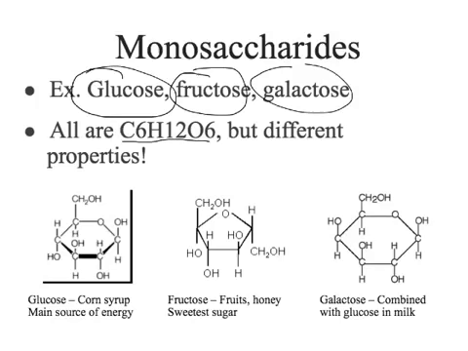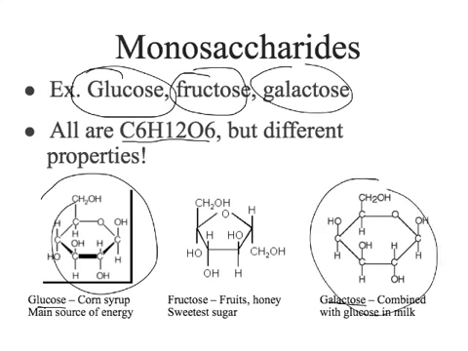So for example, I want you to compare here glucose, which is this one right here, to galactose over here. So you can see, in glucose, I have an oxygen and a hydrogen here, and a hydrogen here, where in galactose, I have an oxygen, a hydrogen here, and a hydrogen here. So even though they have the same atoms, they're in different spots. And by putting those atoms in different places, we've given these molecules different properties.